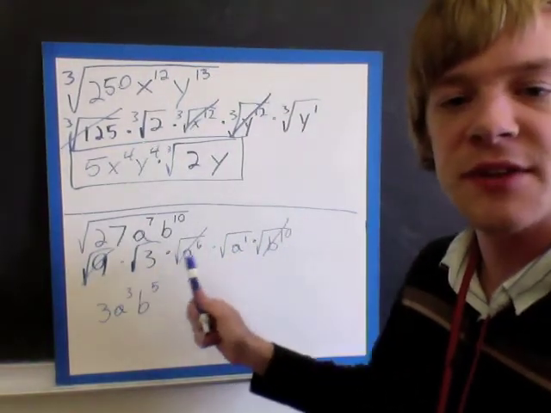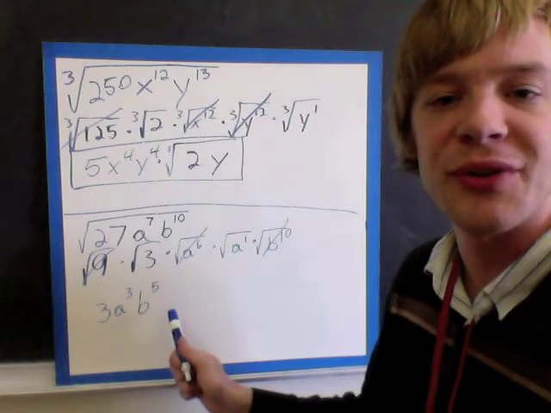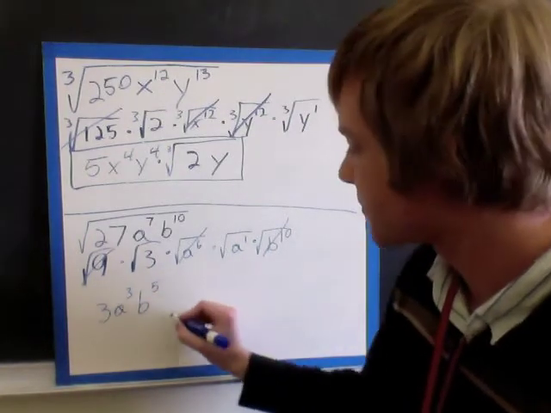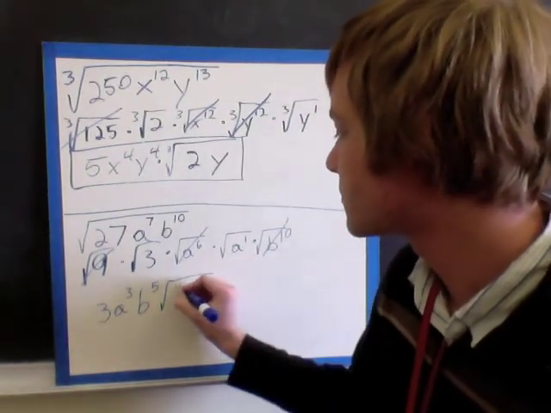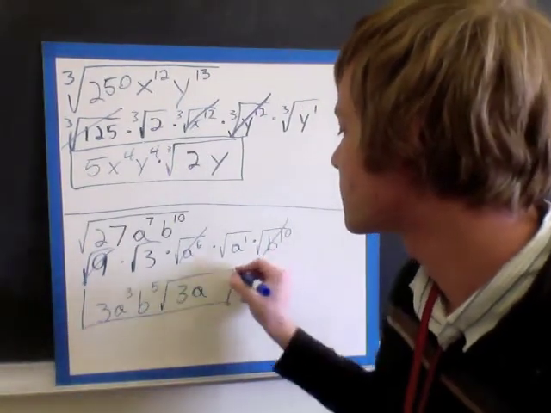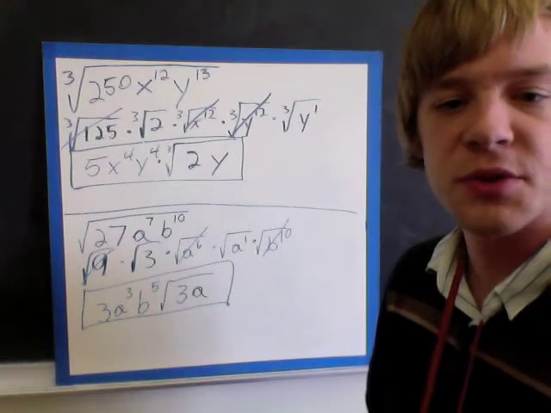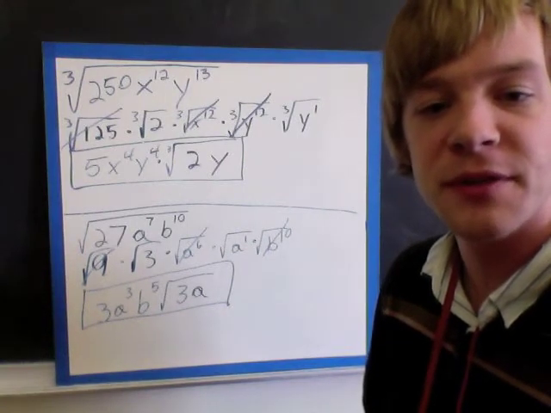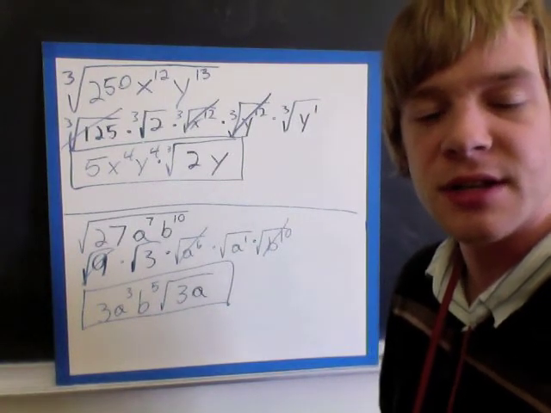So now everything that's left is not simplifying, and so that's going to go inside the square root. And so 3a to the third, b to the fifth, square root 3a is our solution.